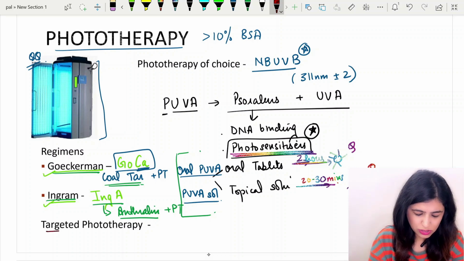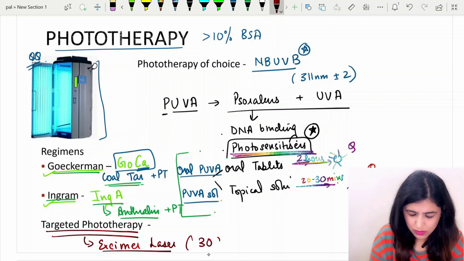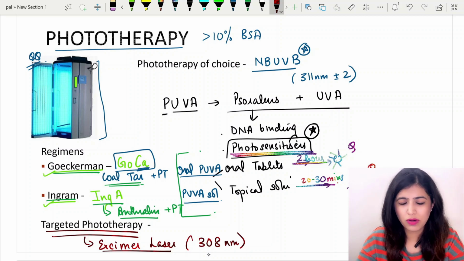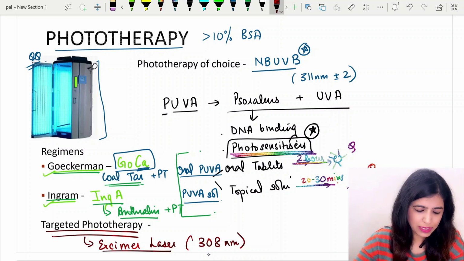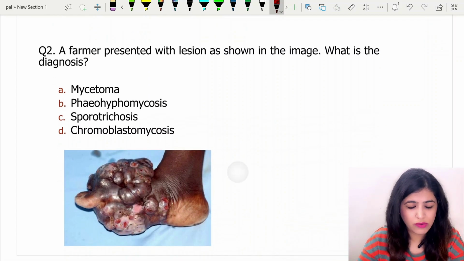So in such patients, you do a targeted phototherapy where we use a device known as the excimer laser. This excimer laser emits a wavelength of 308 nanometer and it can be used for targeted phototherapy.